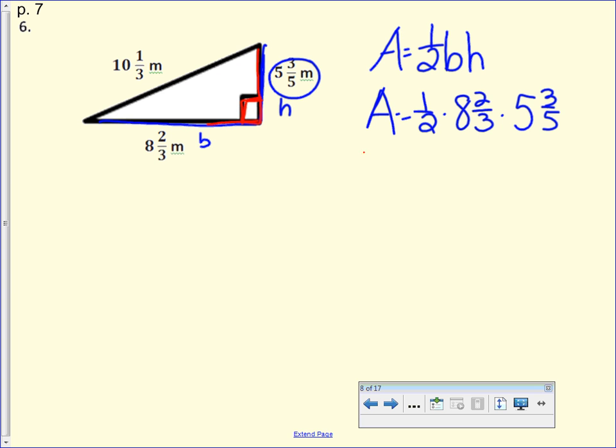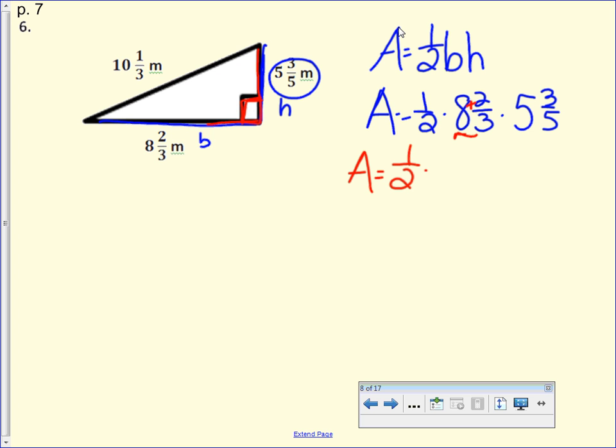So for now, what is my rule for multiplying mixed numbers? What do I have to do when I multiply mixed numbers? Right, make them improper fractions, and I do that by multiplying and adding.